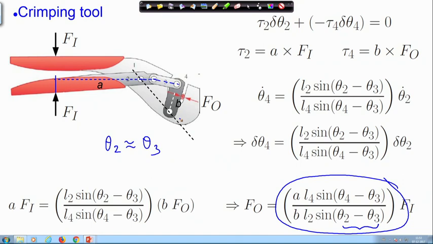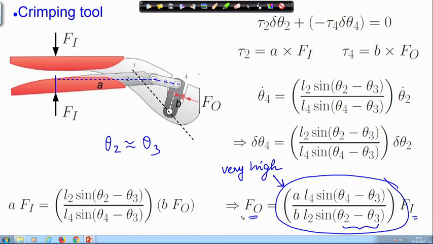As you can see, theta 4 is not equal to theta 3. So, therefore, this multiplier is very high. Therefore, the input force gets multiplied by a very high quantity or transformed to a very high force at the output.